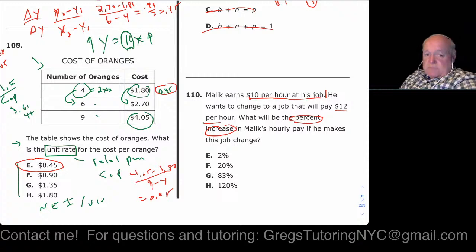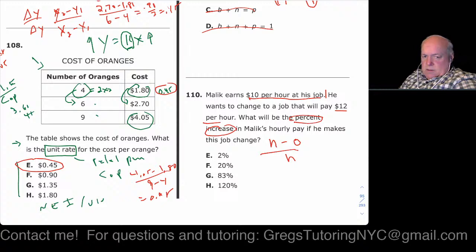Okay. So there's a formula, which is the new minus the old over the old. You could also do new minus the old over the new, but they're asking us to compare it to the original price.